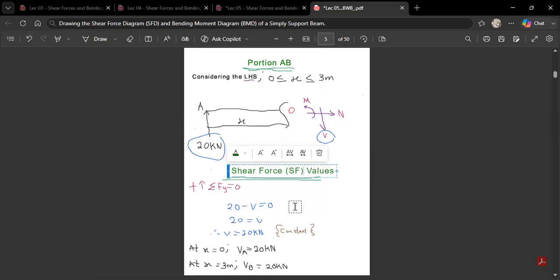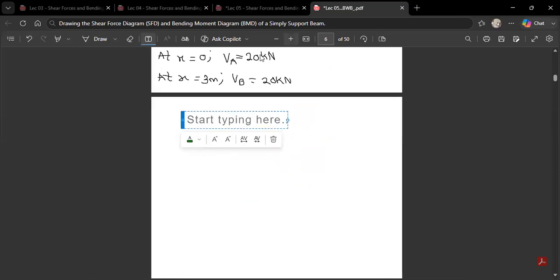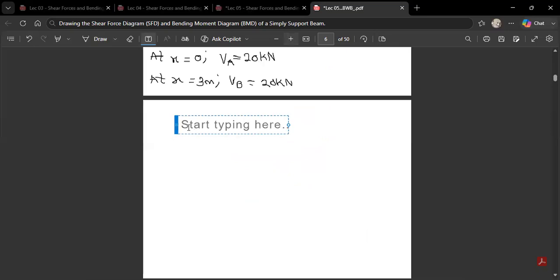Over here, we are going to do the same thing: bending moment values, BM values.